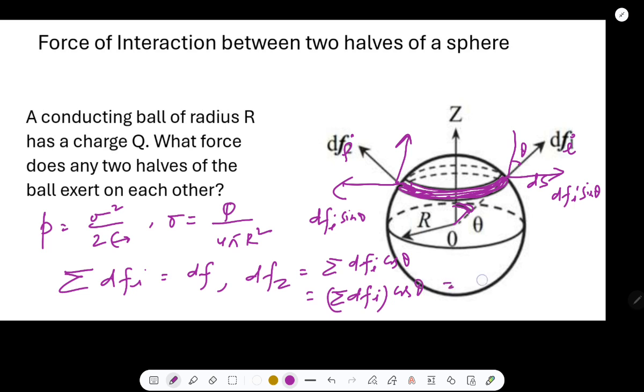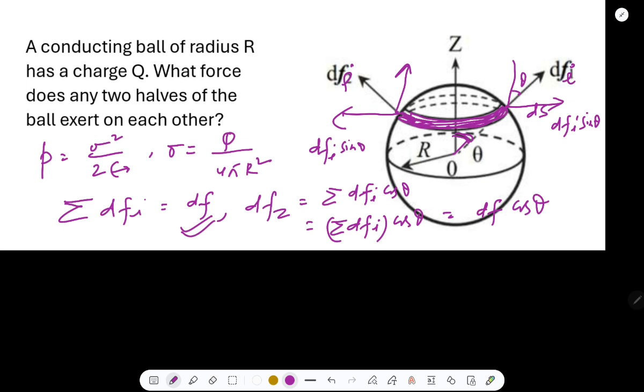The summation of dfi I have already written as df, so dfz is df cos theta.